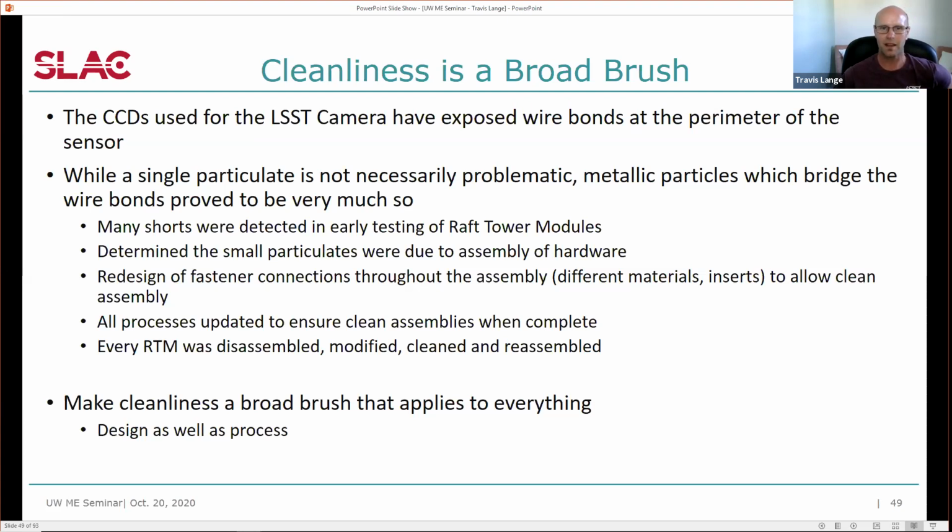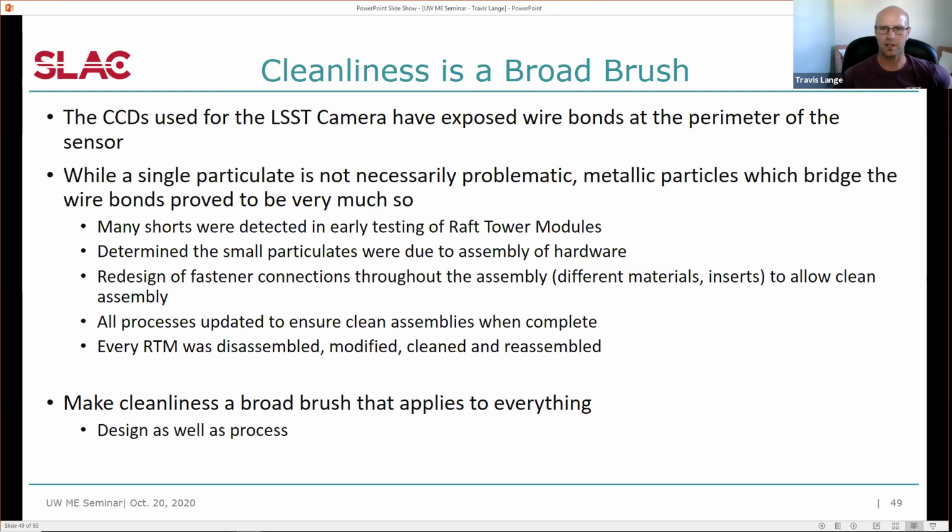We ended up tearing apart, disassembling every one of those Raft tower modules. We redesigned all the fastener connections because we determined that was actually what was causing a lot of the issues for us, the threads. So bare copper with stainless steel was generating a lot of particles.